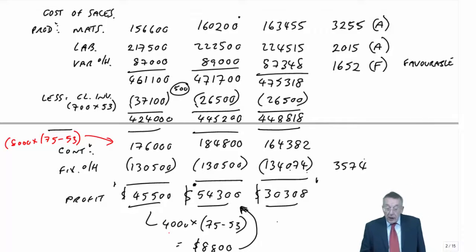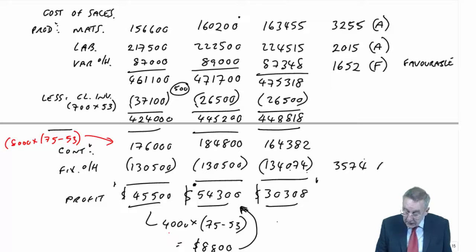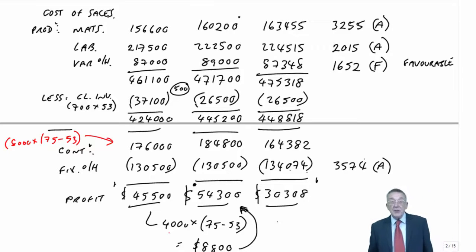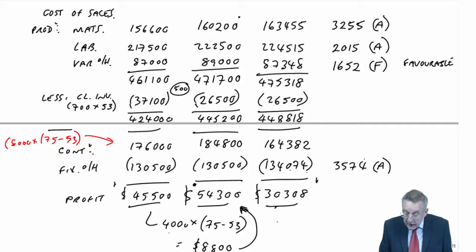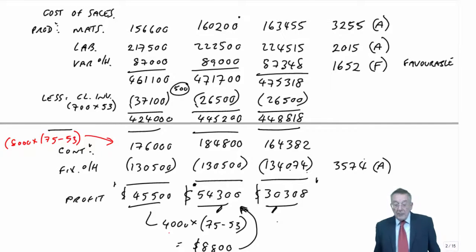And again, we've overspent on its own. That will reduce the profit. And so here's the explanation of why we only got 30,000 when we expected 54,000 from the flex budget.